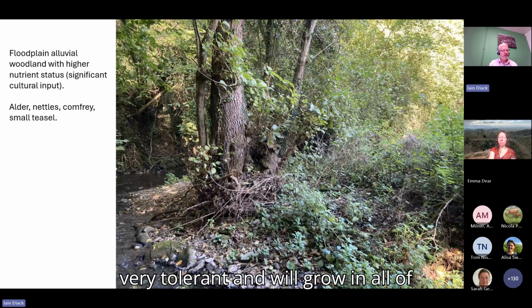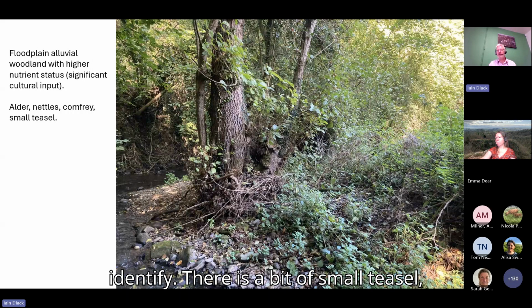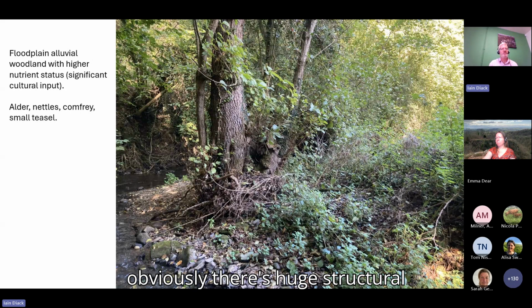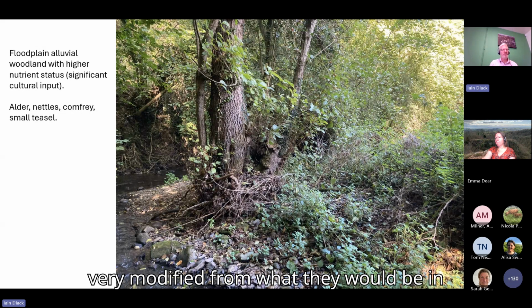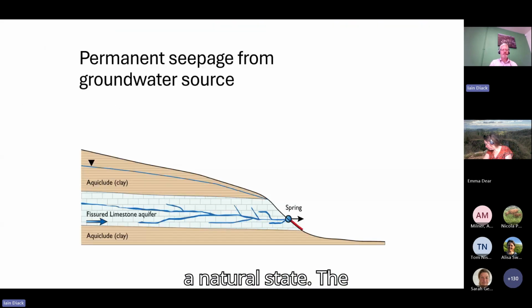Alder's very tolerant and will grow in all of these situations, but the things that grow with it are very different. Dense, tall nettles, comfrey, and this is actually at the bottom of my garden. I took it yesterday to try and identify. And there is a bit of small teasel, so it is not without interest, and obviously there's huge structural interest, but it's very modified from what it would be in a natural state.